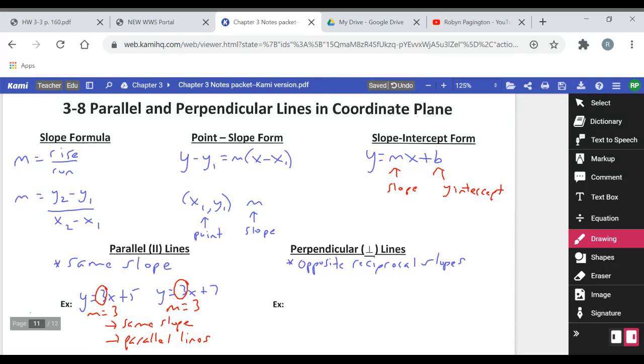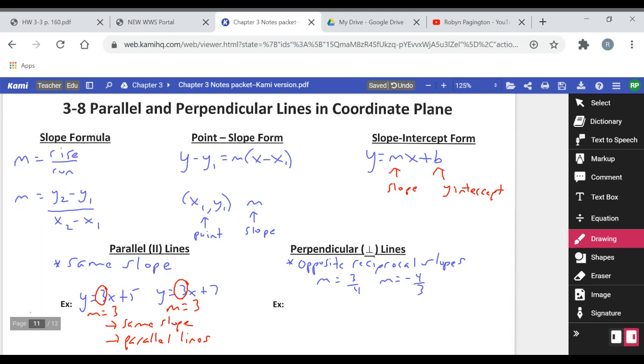Some people will use that term. So in that case, if one line has a slope of 3/4 and the other one has a slope of negative 4/3, then those two are opposite reciprocals. If I take that 3/4 and I flip it and change the sign, I get negative 4/3.